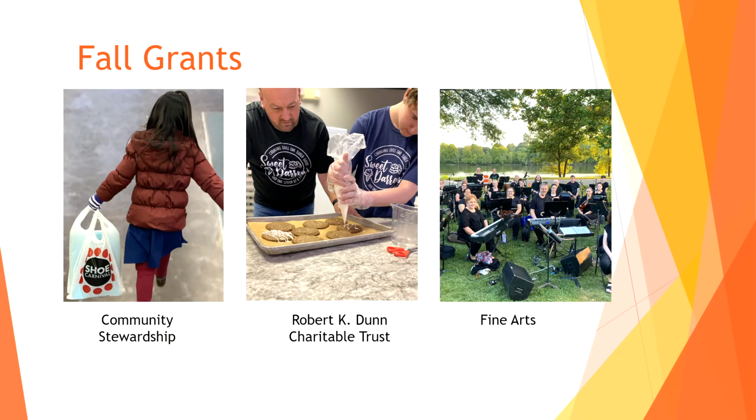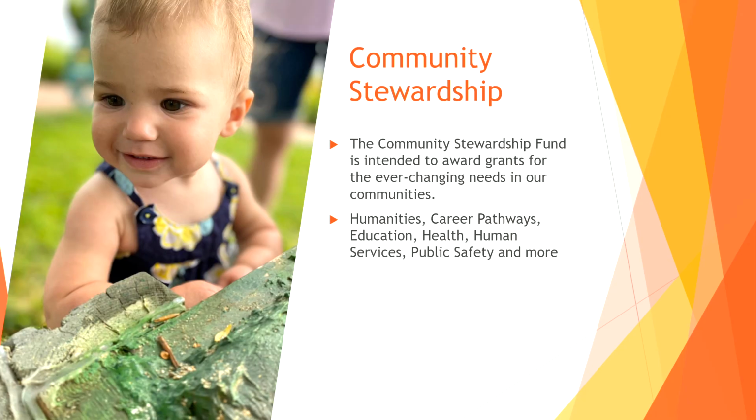There are 3 grants offered in our fall grant cycle, which are the Community Stewardship Fund, Robert K. Dunn Charitable Trust Fund, and the Fine Arts Fund. Each of these have a specific set of eligibility criteria. The full grant guidelines for each can be found on our website under the Grants tab by selecting Grant Opportunities.